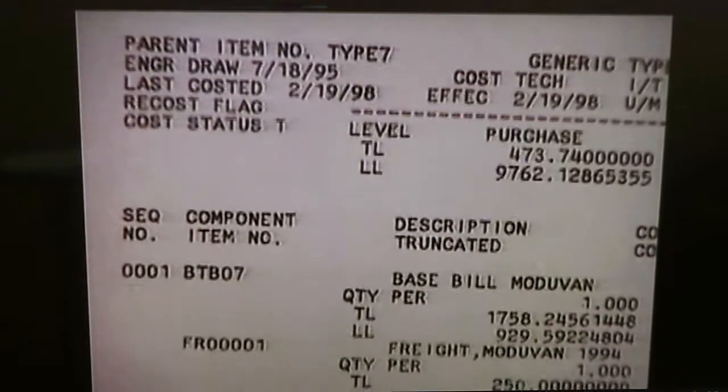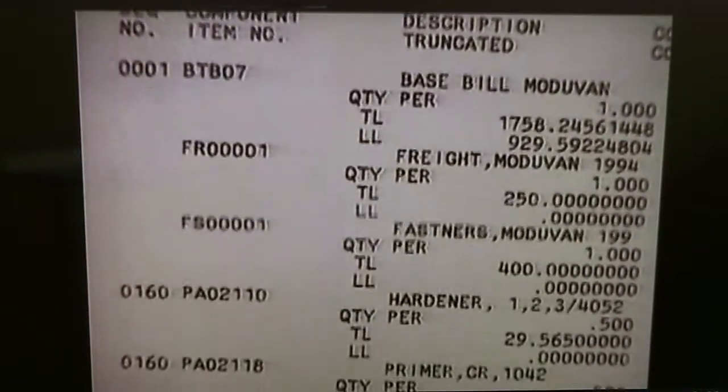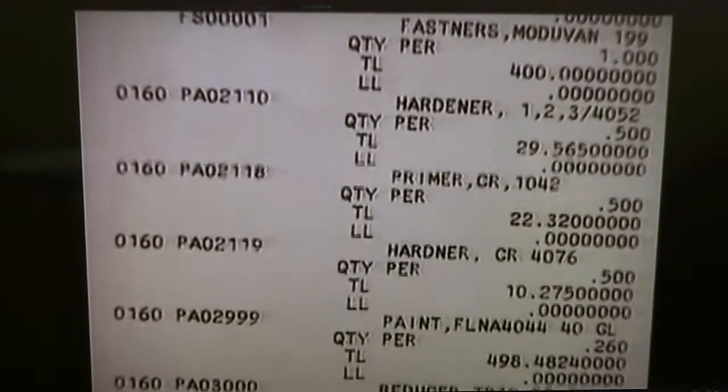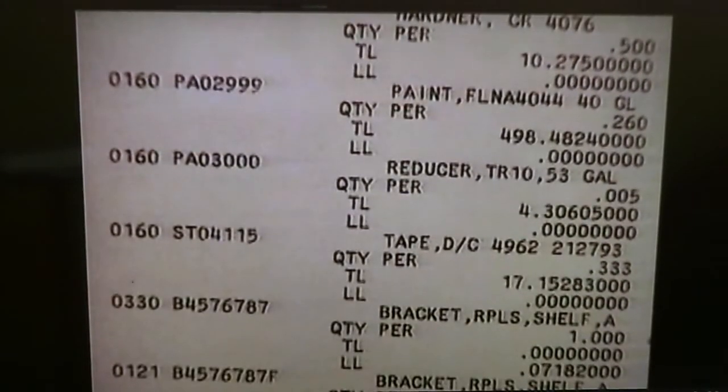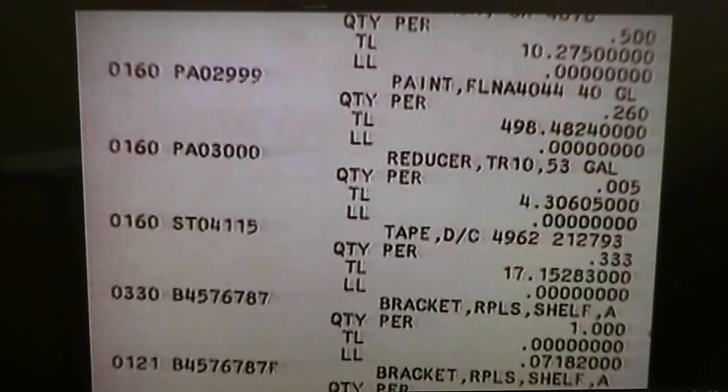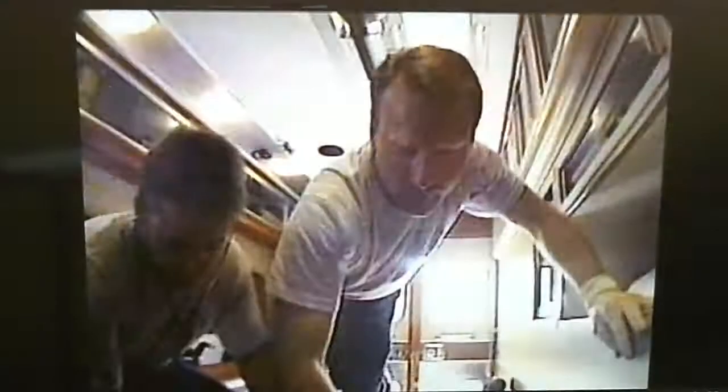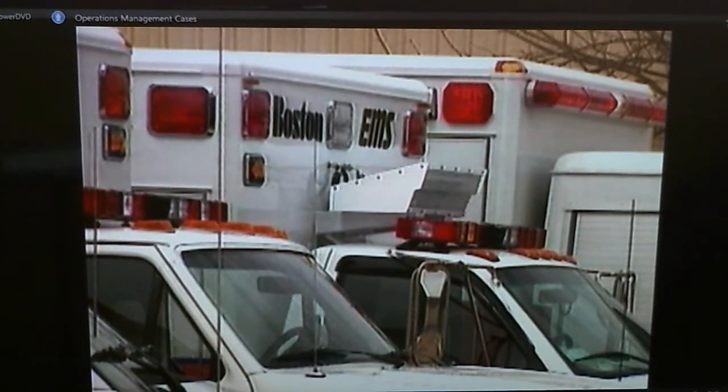It gives them a lot of information which they use to not only purchase, but also be able to determine whether their on-hand balances are adequate or not. Once a customer has specified the features of a Moduvan, the MRP system gives managers feedback that helps in ordering and using just the right inventory items.